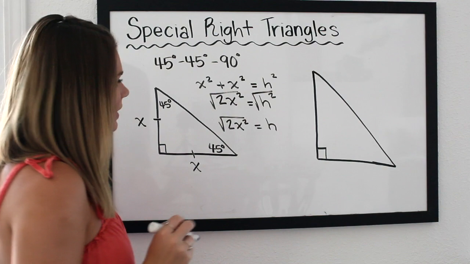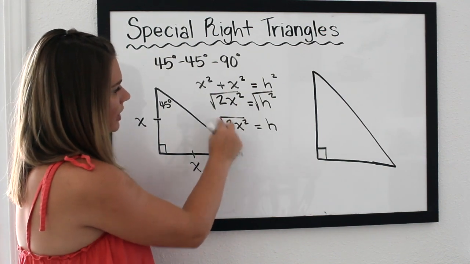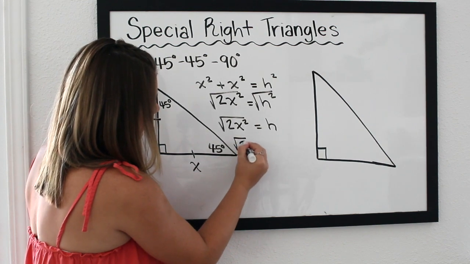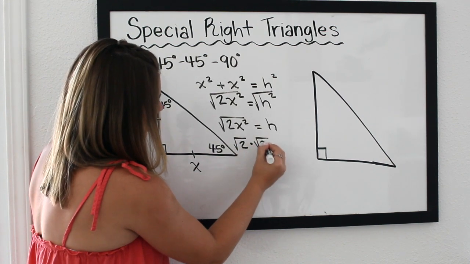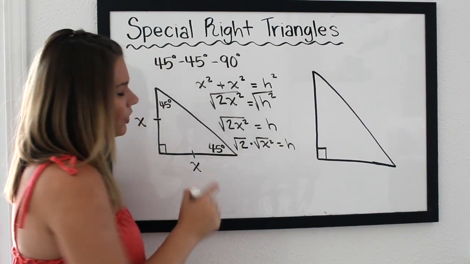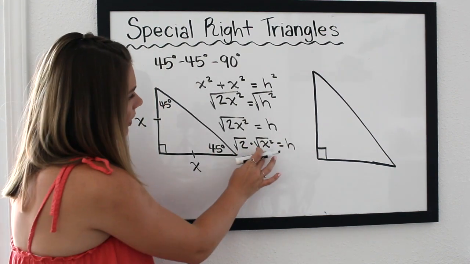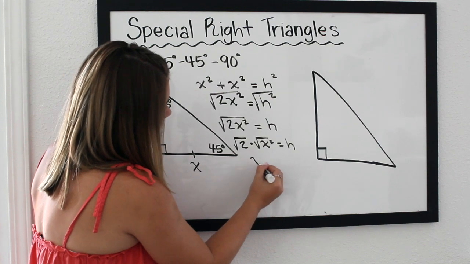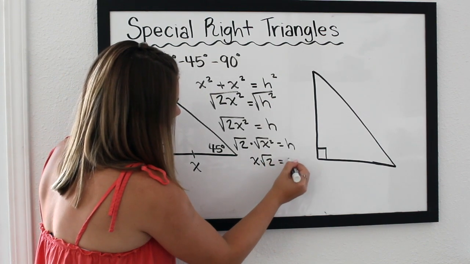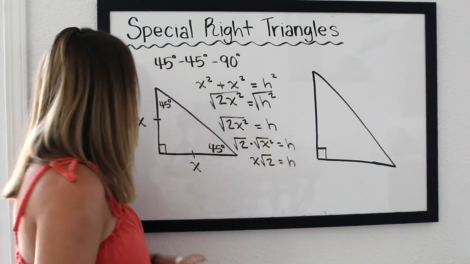Okay. Now I have a rule. When I'm taking the square root of two things that are multiplied, I can take the square root of them individually and then multiply them together. Well, square root of 2 is just root 2. The square root of x squared is x. So I have x root 2 equals my hypotenuse.